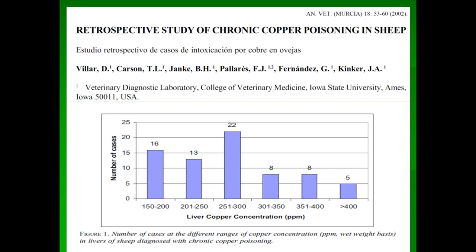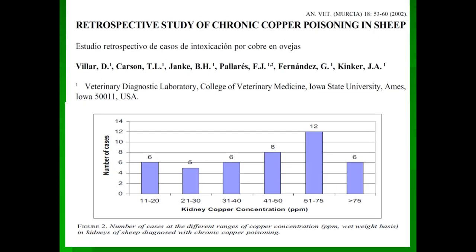These levels are about 1.5 to 2 times above the normal levels, and obviously you need to put those values together with a hemolytic crisis, because most of the animals in the flock will have those high values in spite of being apparently healthy. For the kidney, it was typical to have concentrations of 4 to 10 times above the normal range.